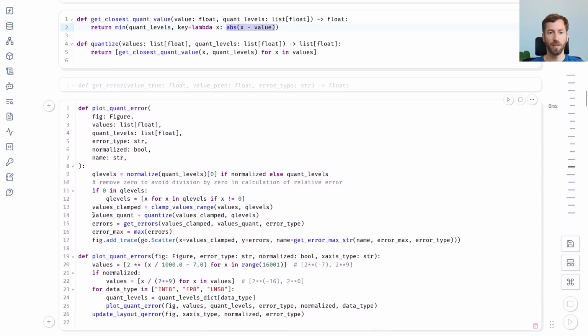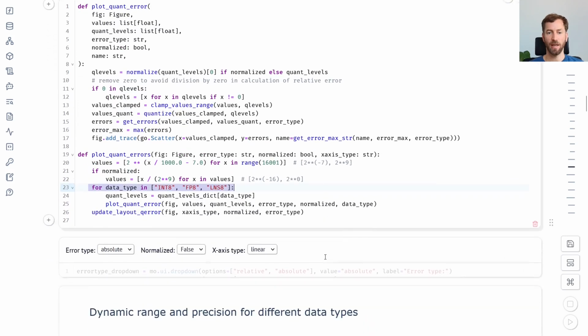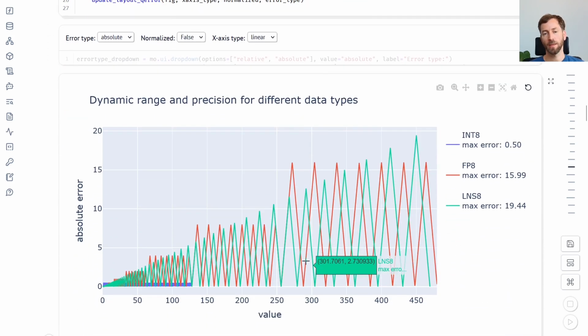Okay. So we quantize a range of values, we get the errors, we keep track of the max error, and then we plot the results for all three different data types. And this is what we get out of it.